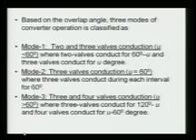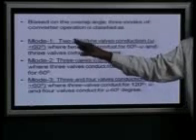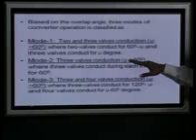Mode 1 operation is when sometimes 2 valves, sometimes 3 valves will be conducting, and this is the case when U is less than 60 degrees. Mode 2 is between mode 3 and mode 1, because mode 3 is more than 60 degrees and mode 1 is less than 60 degrees. So mode 2 is the case when U is equal to 60 degrees.